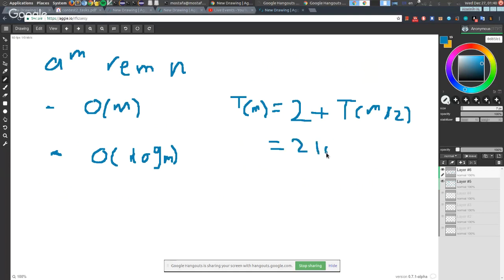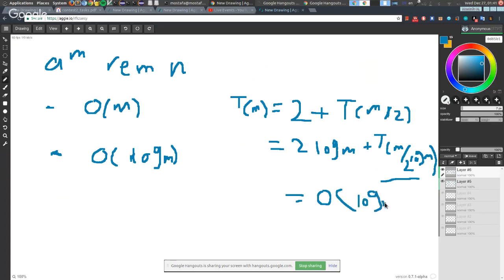We find that it's equal to log m, and this other part is O of 1, which is a constant, so basically that's both of them. So that's the time complexity of the binary exponentiation.